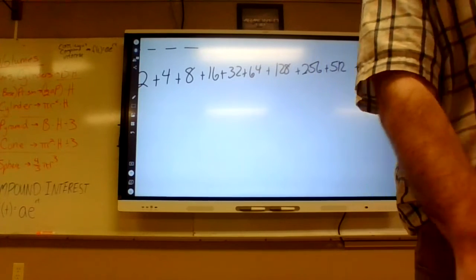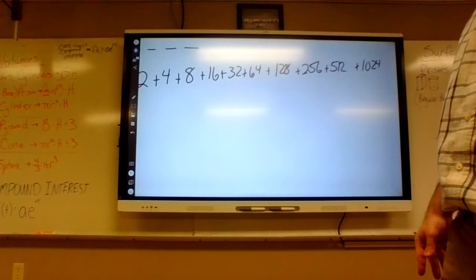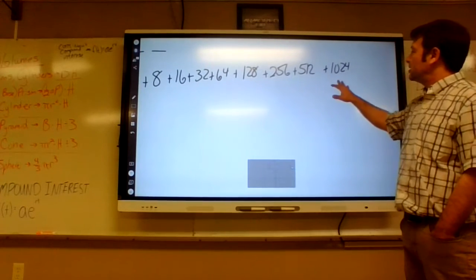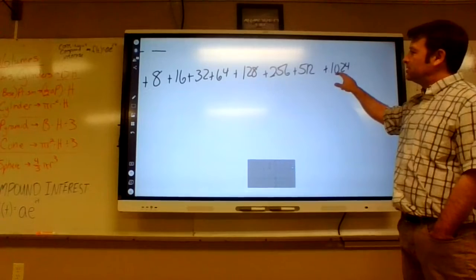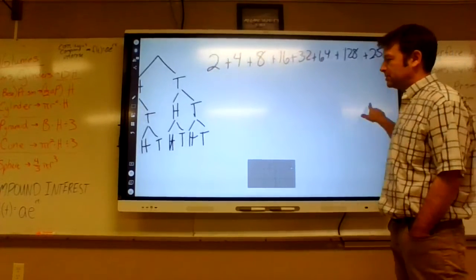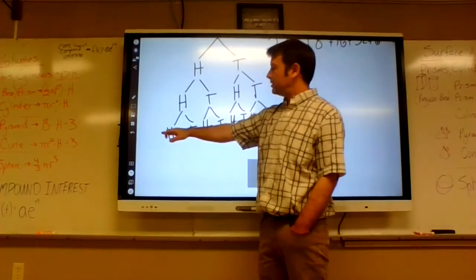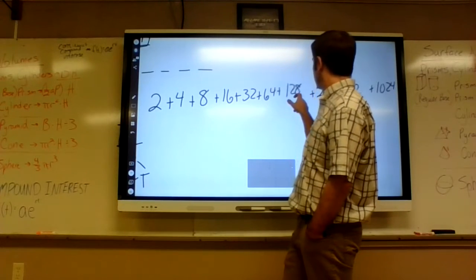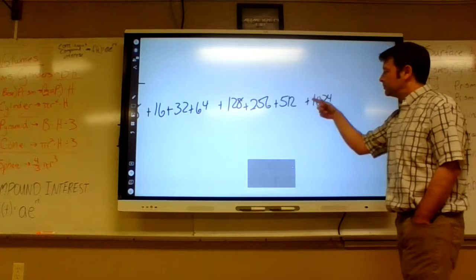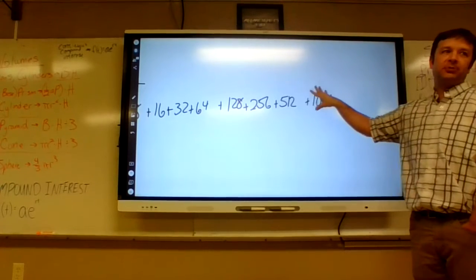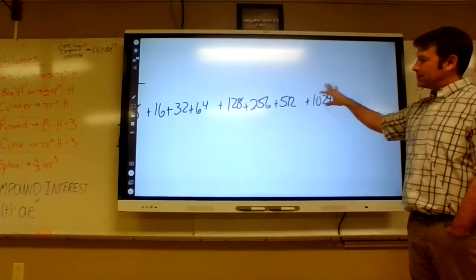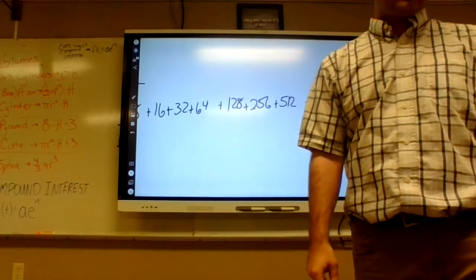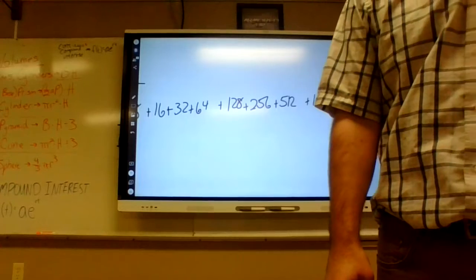Oh yeah, we got to do the leaves. So is it just 2044? Remember how there are 8 leaves down here? There are 8 branches down here, so it's the same number: 1024. This represents the last branches, which represents the last leaves. No, it's not. It's the number right before it.